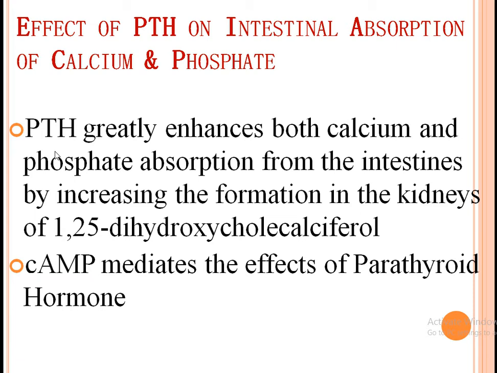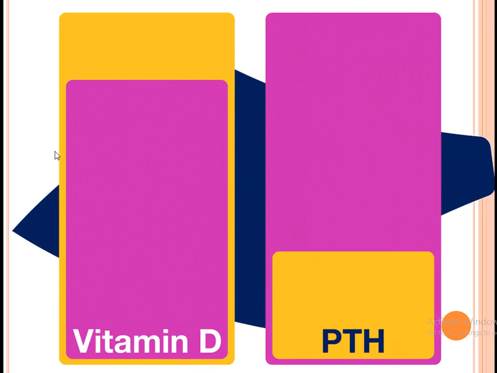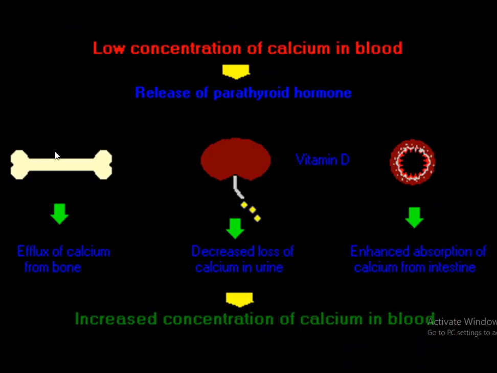And also cyclic AMP mediates the effects of the parathyroid hormone. You can see the relation of the parathyroid hormone with vitamin D. Whenever there is a low concentration of calcium in the blood, release of the parathyroid hormone takes place.